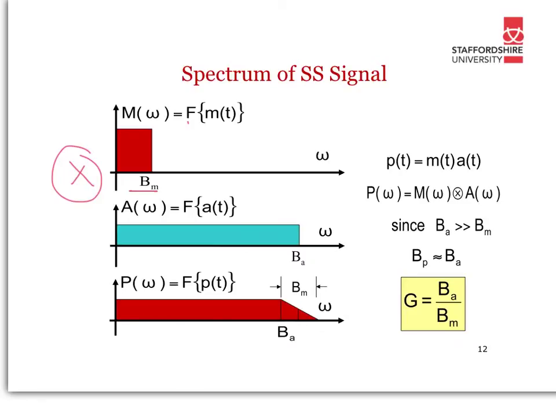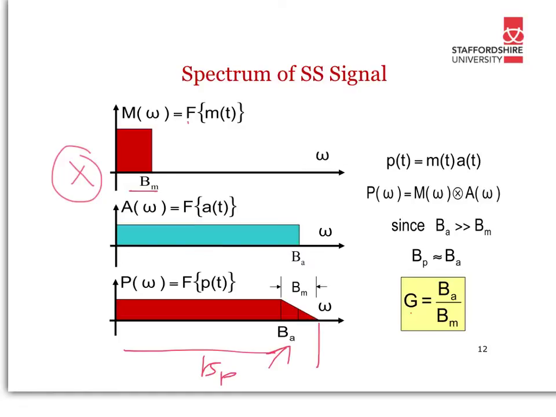BP is the bandwidth of P, so that is approximately equal to BA. So we can say that this is sufficiently small that the gain, or the processing gain, is the bandwidth of the spread code divided by the bandwidth of the message.